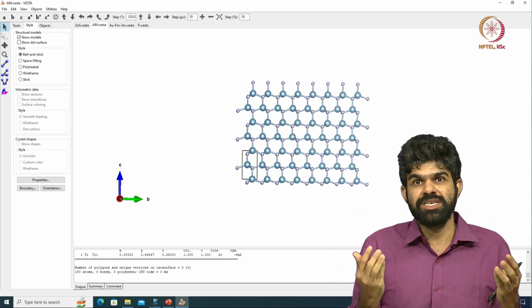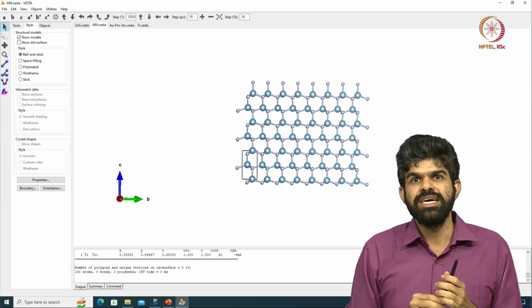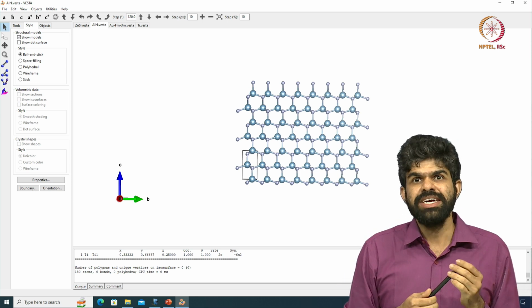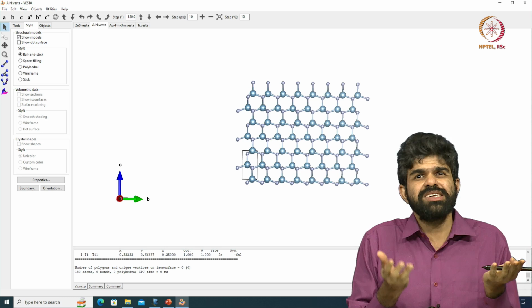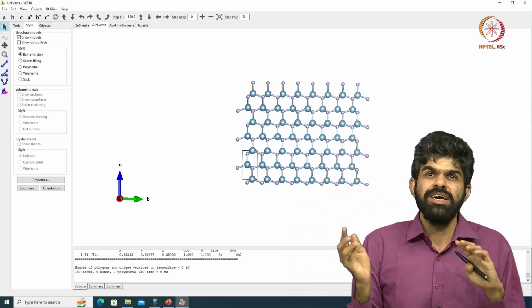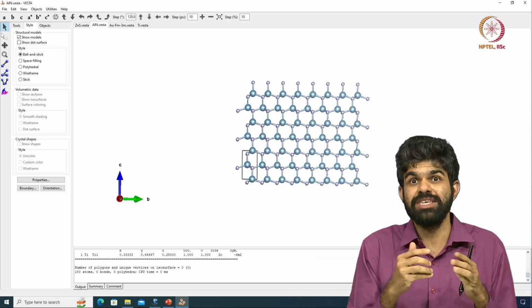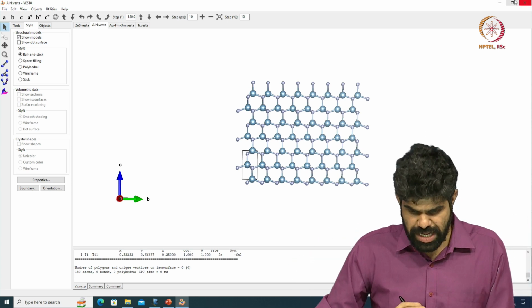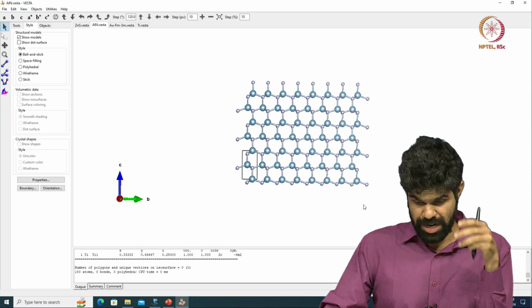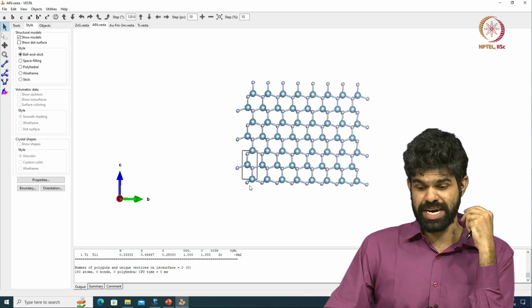Now, if I get both structures and I want to resolve them by looking in a transmission electron microscope, if both of them are equally stable, then when I am growing cadmium telluride both of them will form, right. Now, the question is which one forms, or do both of them form, and how do I resolve it? So, that is the question. I will show you some transmission electron microscope images to identify this.